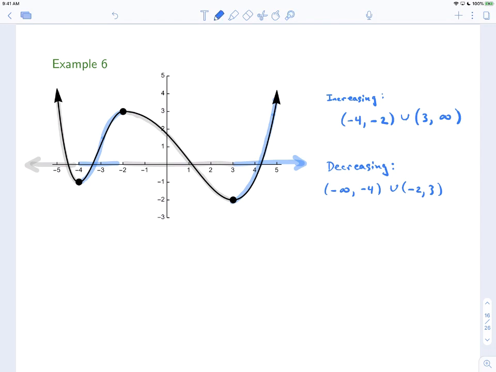So let's just write down the coordinates now. So the local maximum, there's just one, which is this one right here, -2, 3. And local minima, there are actually two. So we'll use the plural.